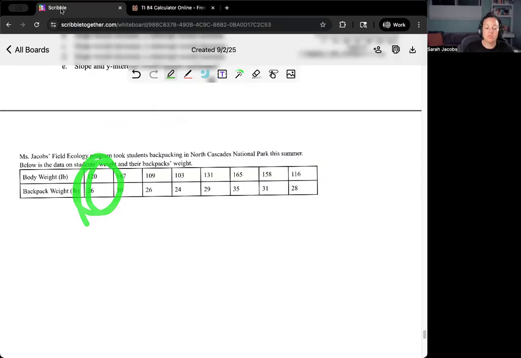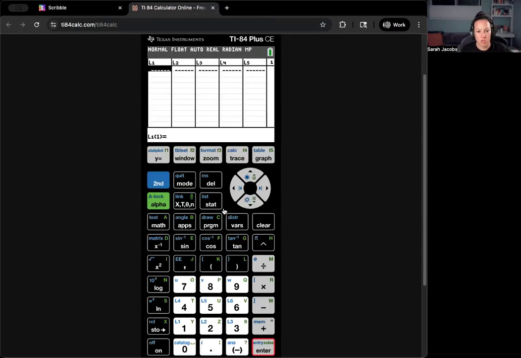Those two values need to be on the same line. So what that looks like, and I think this is question 25, so this is getting you started on your classwork. So our X value of 120 goes with a Y value of 26, and so on and so forth.